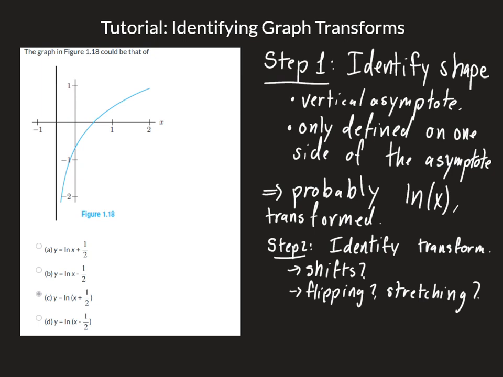Well, going back to this vertical asymptote that we noticed, in this case it is at about x equals negative 1/2, this point here. So our vertical asymptote is over here, but for ln of x, usually the vertical asymptote is exactly at 0.